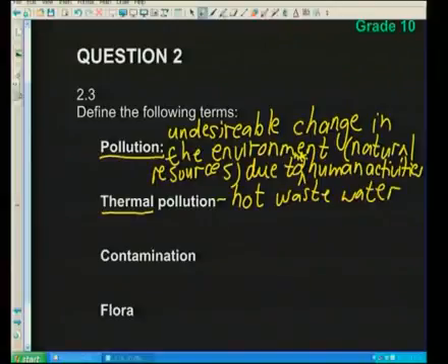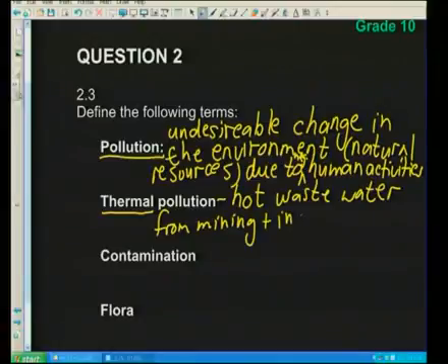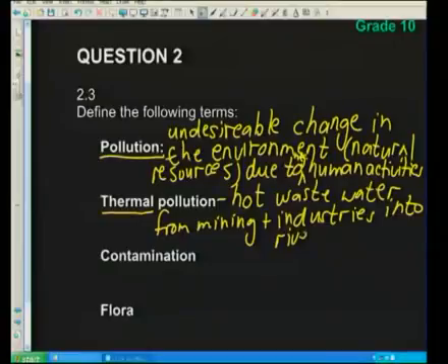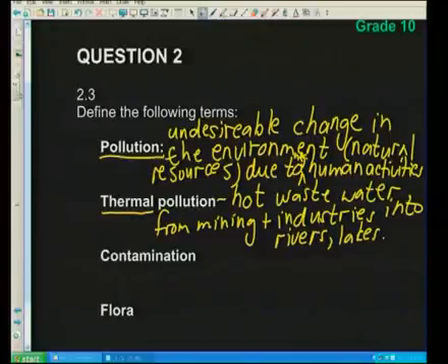It comes from mining and from industries like factories, and that is being pumped or released into rivers, lakes.